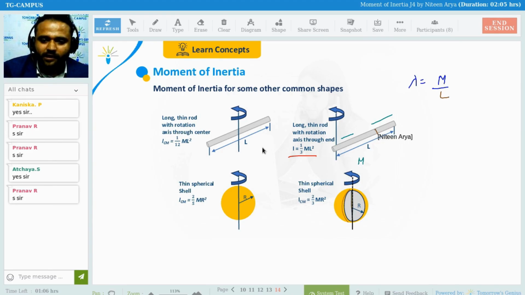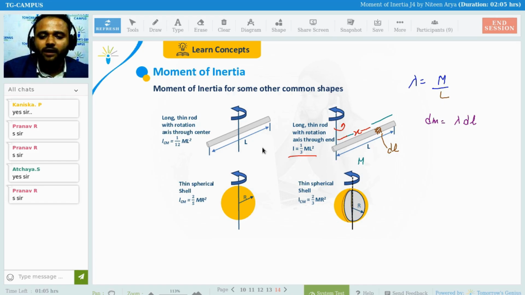Then I can pick any small length element dl. From the axis of rotation, the distance to this element is x. For this small length element, the small mass is rho dl. Is this clear, everyone?